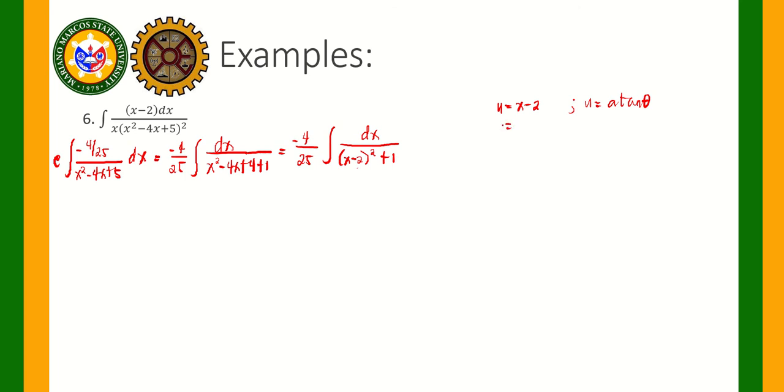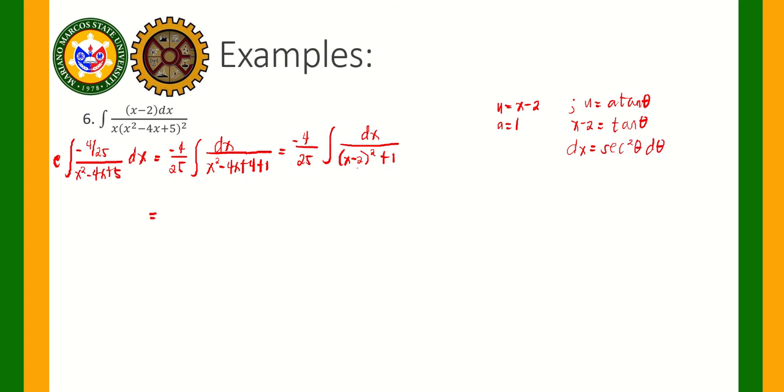And a natin is equal to 1. Therefore, si x minus 2 natin is equal to tangent theta. Okay? So, from there, we derive this one. So, dx, kasi derivative of a constant is 0. Derivative of tangent theta is equal to secant squared theta d theta.